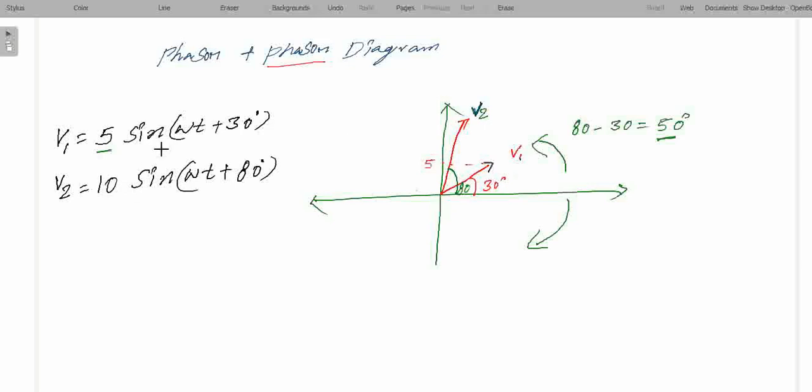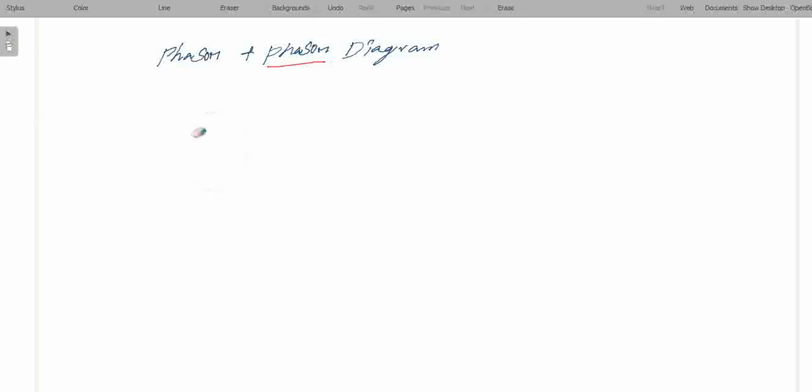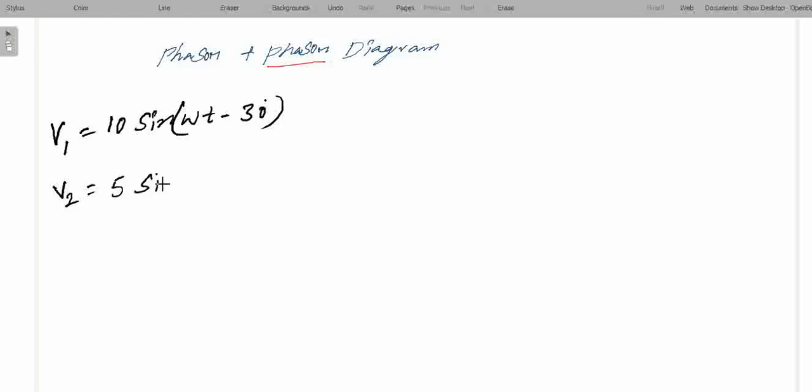Let us take one more example for a phasor diagram. V1 is equal to 10 into sine omega t minus 30. V2 is equal to 5 into sine omega t minus 120.